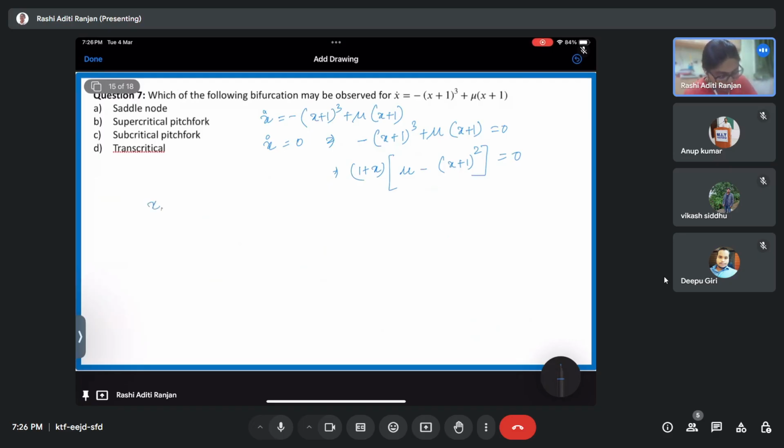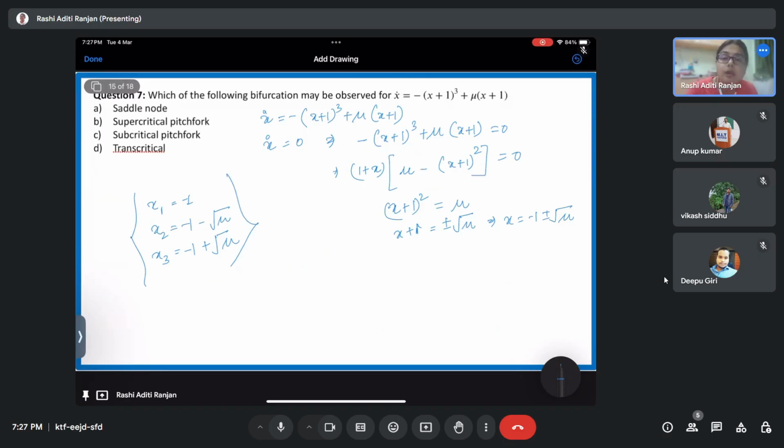So my first fixed point is going to be nothing but, instead of writing x naught, we'll write x1 = −1. For the other fixed points we have (x + 1)² = mu. So x + 1 is going to be ±√mu, and hence x2 and x3 are −1 ± √mu. These are my three fixed points, correct?